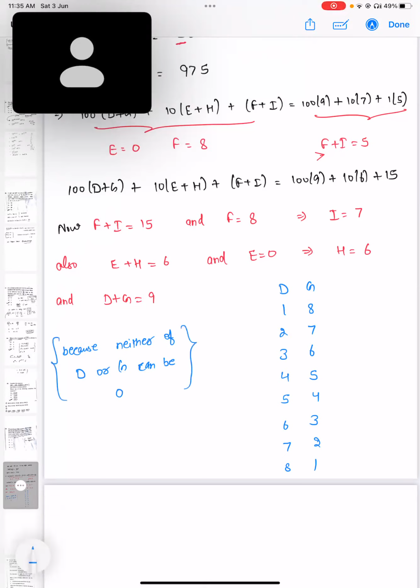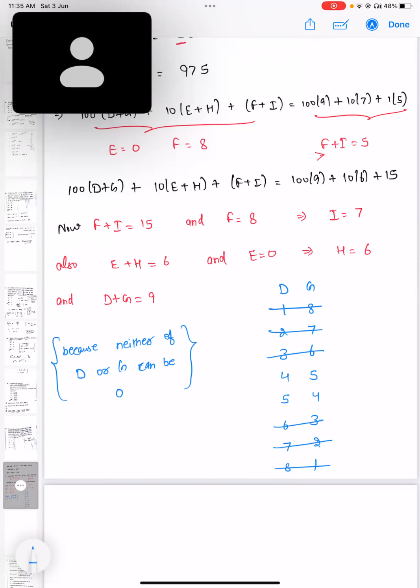Also, it was given that all of these A, B, C, D, E, F, G, H, I, all of these 9 digits were different. So F was 8, so D and G cannot be 8. I was 7, so D and G cannot be 7. H was 6, so G cannot be 6.